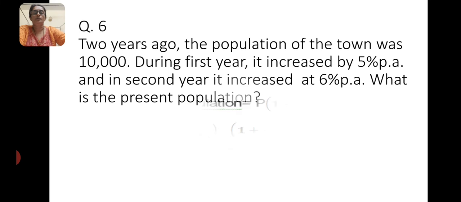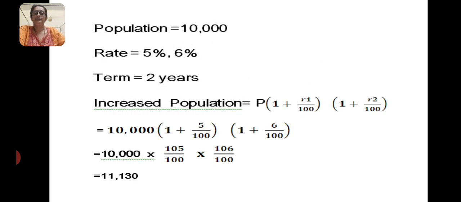So let us go to the formula. Here the population is given as 10,000. That is how we use principal, we are going to use the population's value. Rate is first year's 5%, second year 6%. Term is 2 years. Now to find out increased population, here the rates are different.